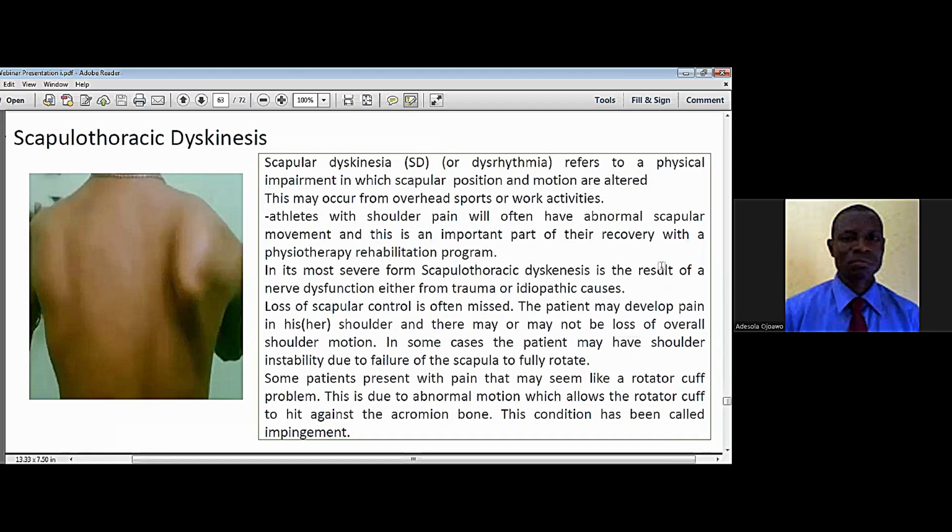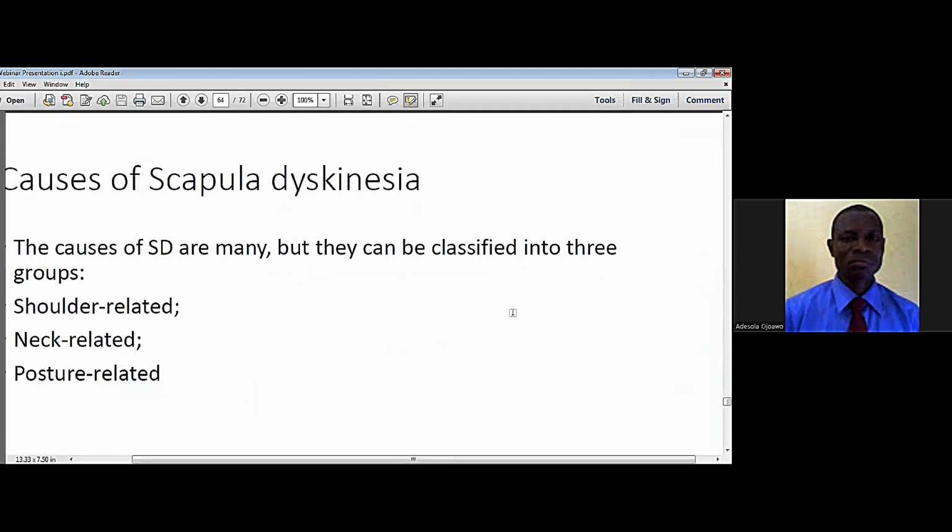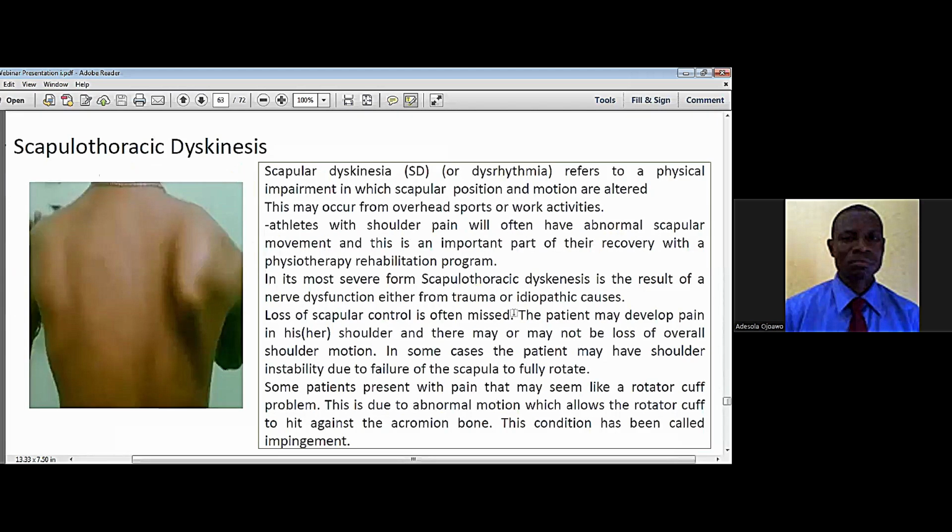In its most severe form, scapular dyskinesia is the result of a nerve dysfunction, either traumatic or idiopathic causes. Loss of scapular control is often missed, so the patient is unable to control the scapula. The patient may develop pain in the overall shoulder motion. At times it may be mild, at times it may be serious.